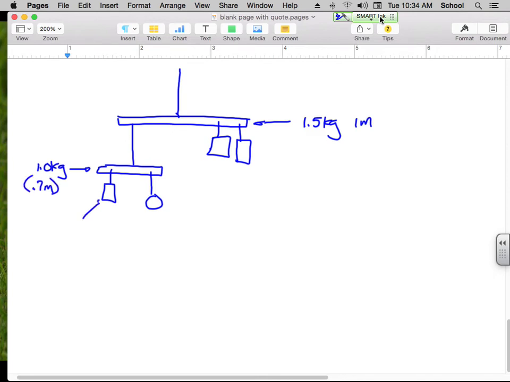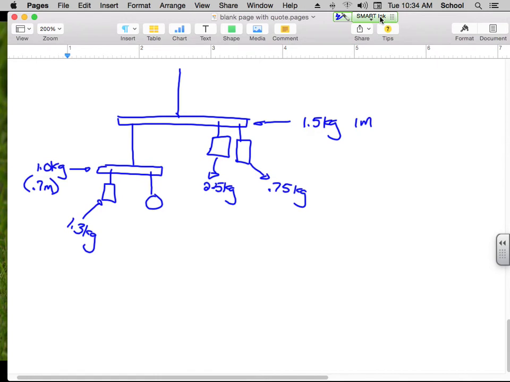And this mass is 1.3 coulombs, and this one is 2.5 kilograms, and that one is 0.75 kilograms. So now we have a bunch of masses, we need a bunch of distances.